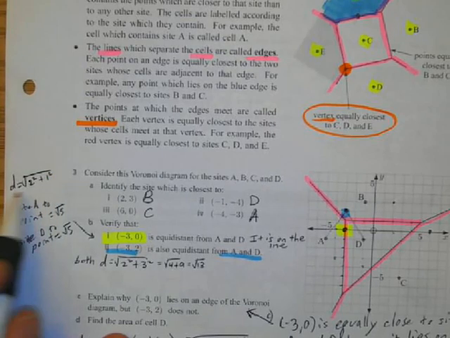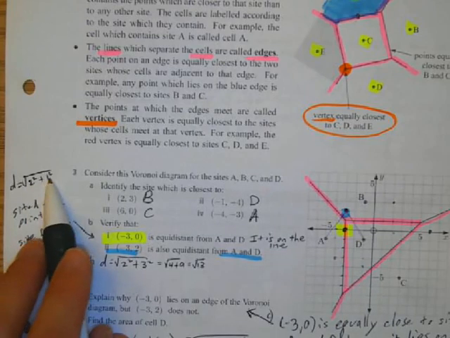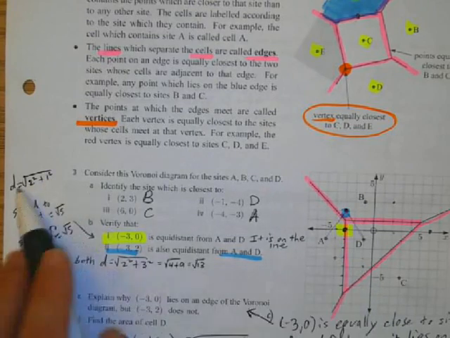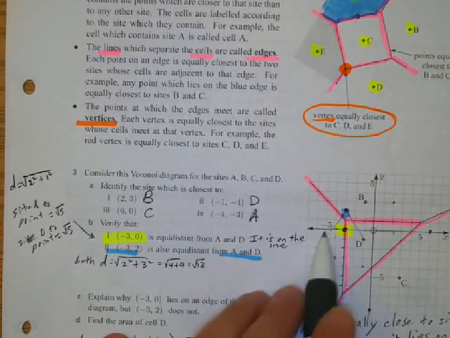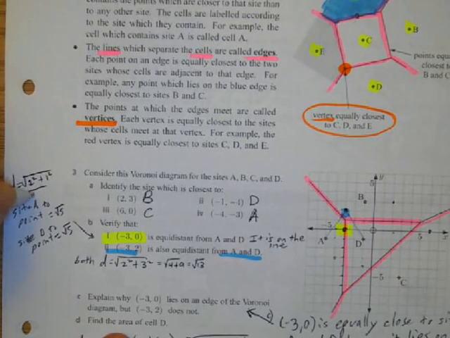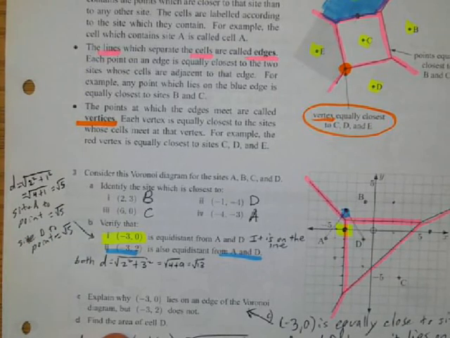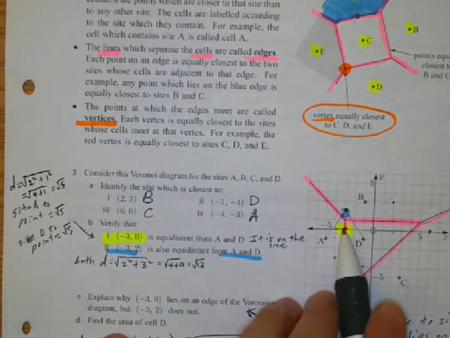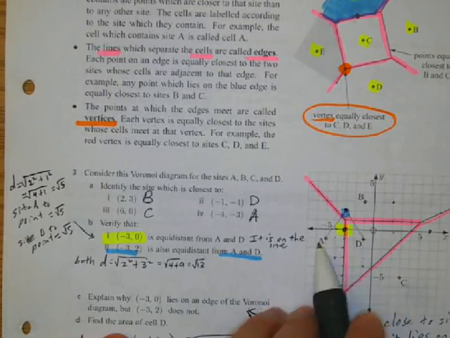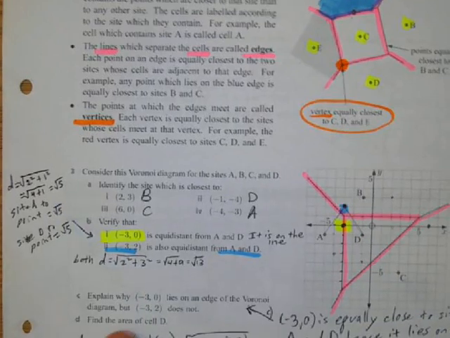So the change in x squared plus the change in y squared gives me the distance. I end up with the square root of 2 squared, which is 4, plus 1 squared, which is 1. So that's going to give me the square root of 5. The distance from this yellow point to A is the square root of 5, and from this point to D is the square root of 5.